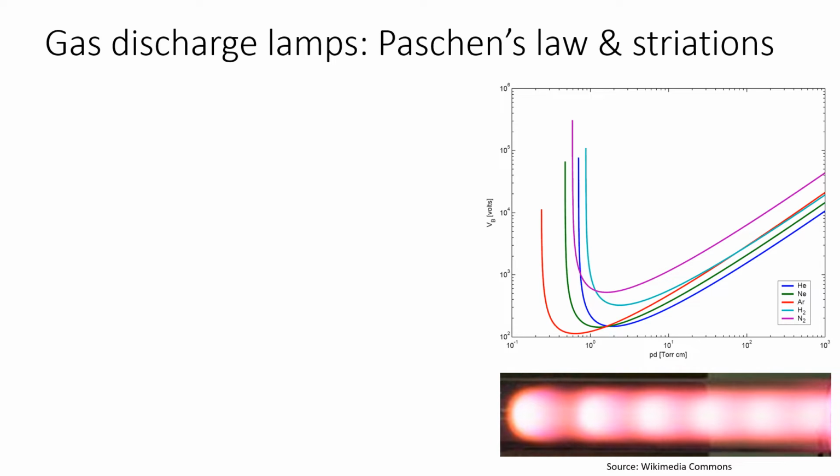But if the pressure of the gas gets too high, then collisions become extremely frequent between electrons and these gas molecules. And if the collisions are extremely frequent, then the electron won't have had time to accelerate to a high enough speed and to gain enough energy to cause the ionization that's required. And that's why we need just a kind of optimum pressure.